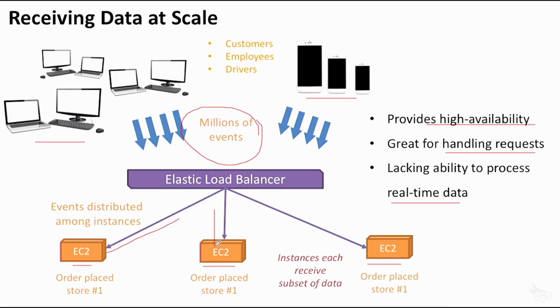Later, Joe's Pizza goes into the car to be delivered, and that event goes to another machine. And so the problem here with these instances trying to do any kind of real-time data processing is that each of these instances are receiving a subset of the data. They are not receiving all of the data for that particular pizza. No one machine is receiving all of the data for that particular pizza location or that particular region.